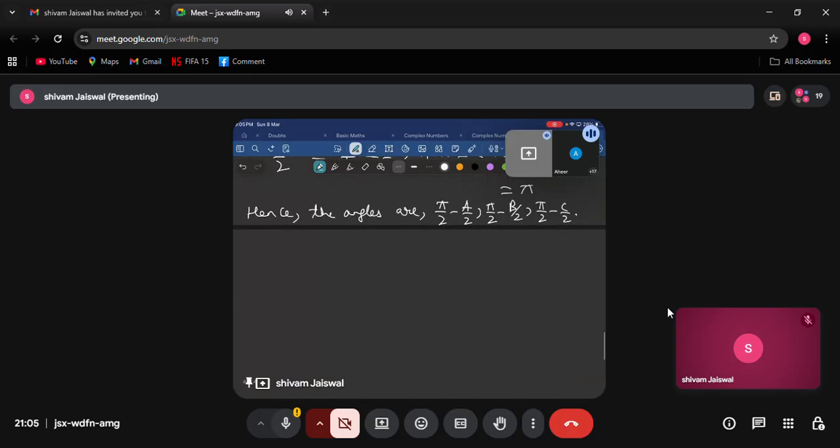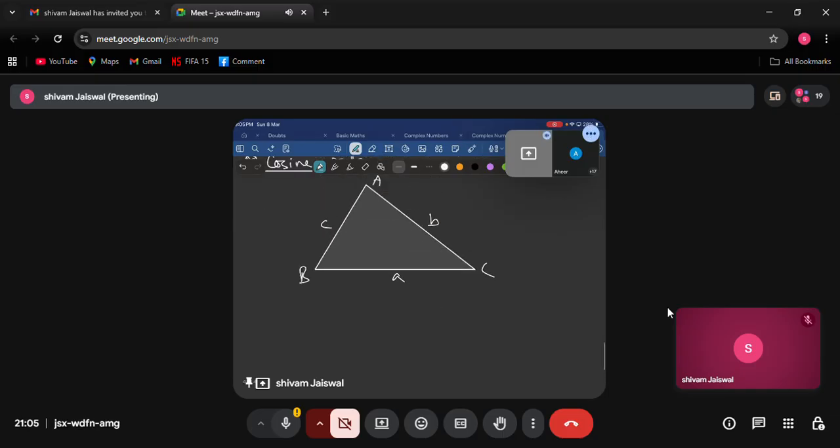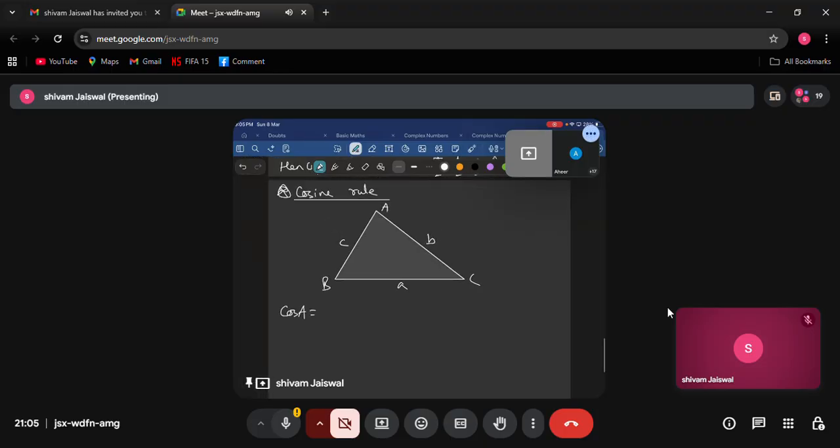So one last thing I am going to discuss, cosine rule. Do you remember the cosine rule? Today we did it, right? In class 10 also. In triangle ABC, AC is b, BC is a. Somebody tell me what is cos of angle A? b square plus c square minus a square by 2bc.